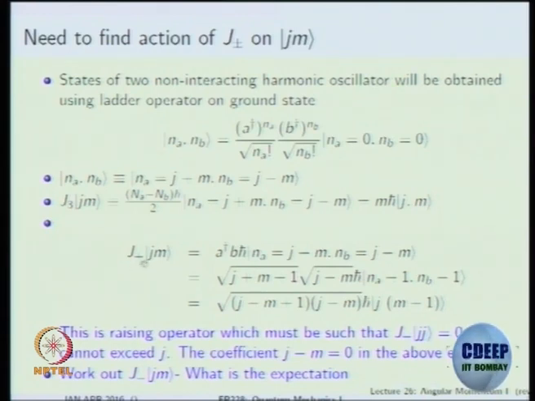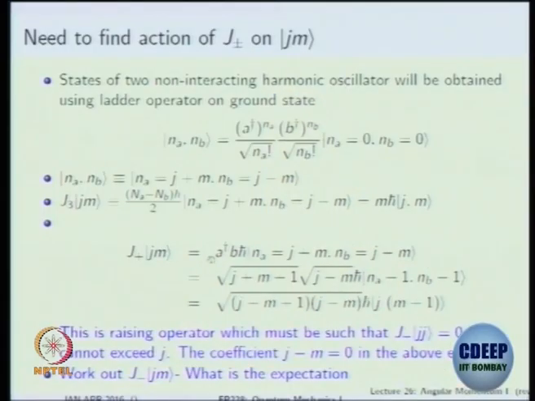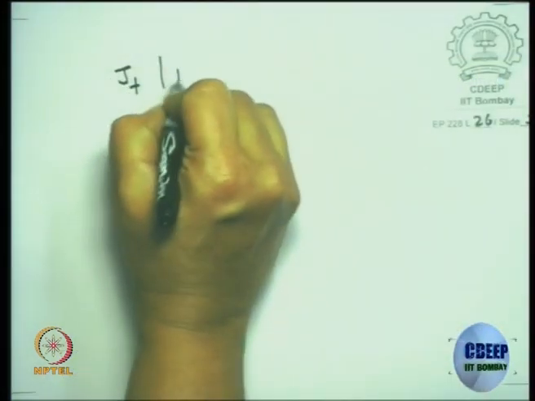Let's work out J plus on Jm. J plus is nothing but A dagger B H cross. That's a representation in terms of the harmonic oscillator operators. The J plus, that was my first slide in the Schwinger method. But you know how the B operates, how the A operates. So, I want to know what is J plus on Jm.